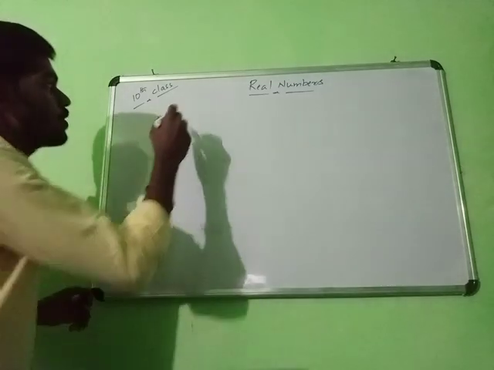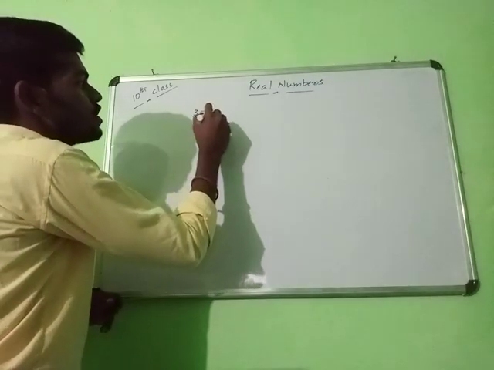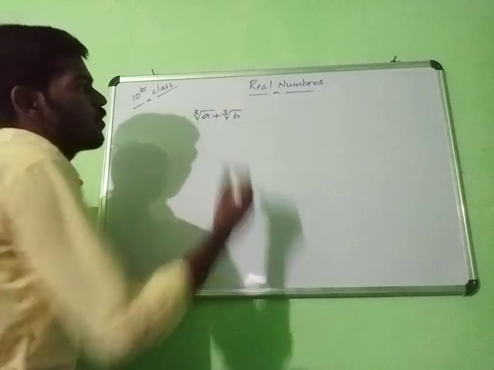Now if cube root of a is given, cube root of a plus cube root of b, what is the RF?